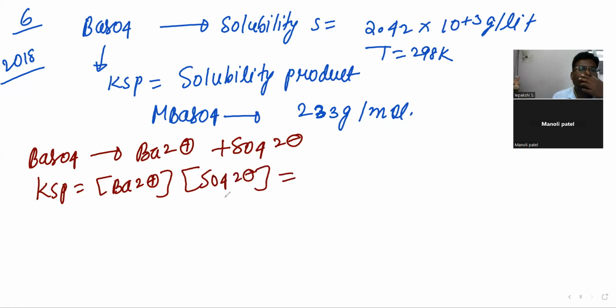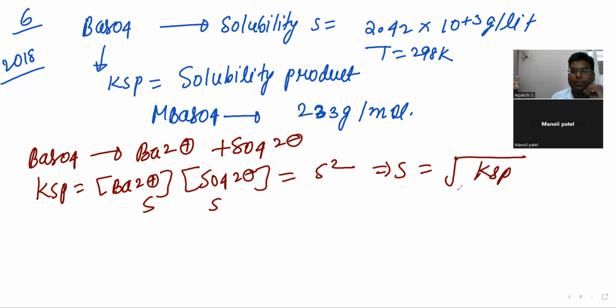So it will be S into S, which becomes S square, right? So S will be the square root of the solubility product.